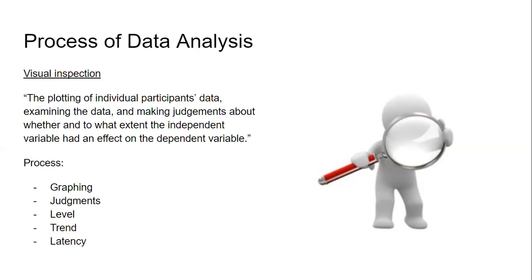Same thing for trend, just seeing gradual increases or decreases in the dependent variable. And latency is specifically the time it takes for that dependent variable to begin changing after you have a change in conditions. So the shorter the time, the more likely it is that the treatment is responsible for the change.